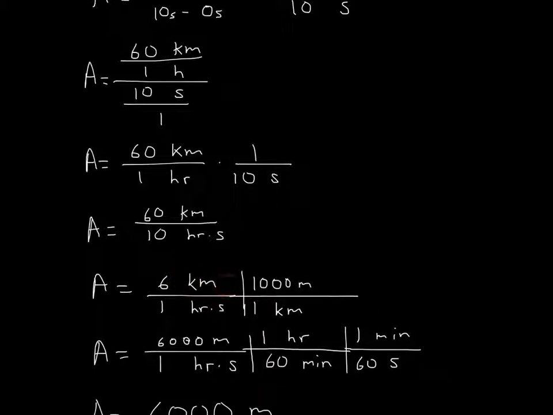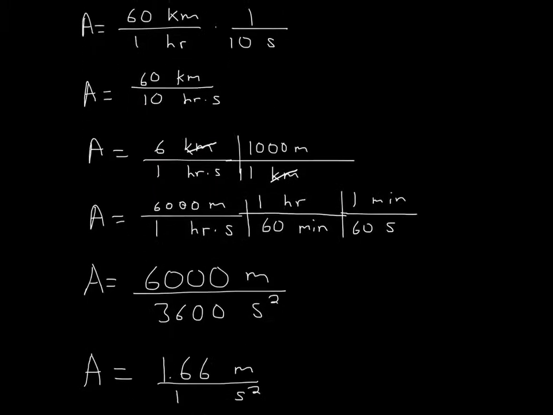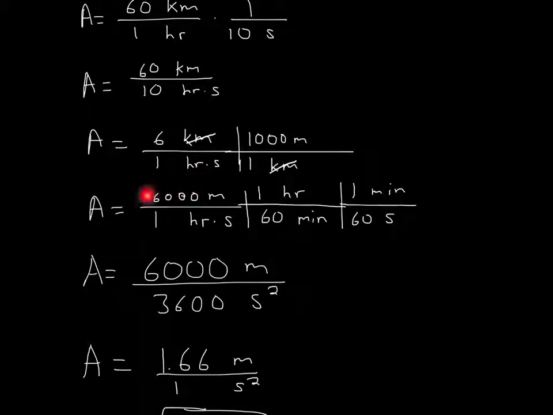So it's kilometers, so I'm just going to do dimensional analysis. So it's going to be kilometers on this side too. So whenever the units are the same and they're diagonal to each other, they're going to cancel. And then after they cancel, you just multiply straight across on both the top and the bottom. So when you multiply, you get 6,000 meters, because that's the only unit left, over 1 hour times seconds.